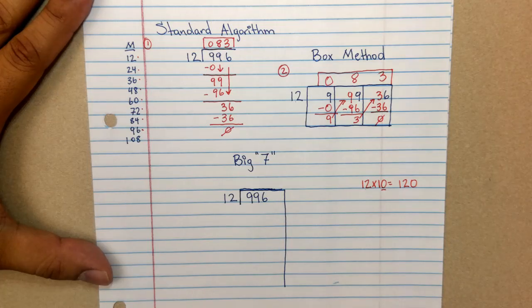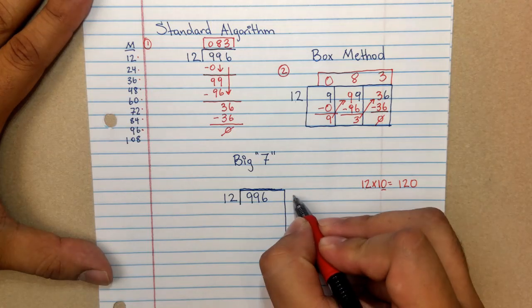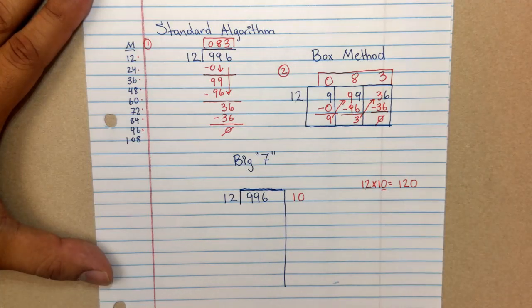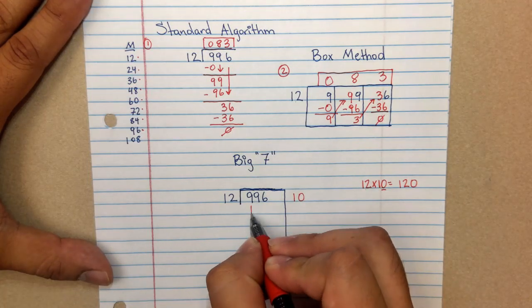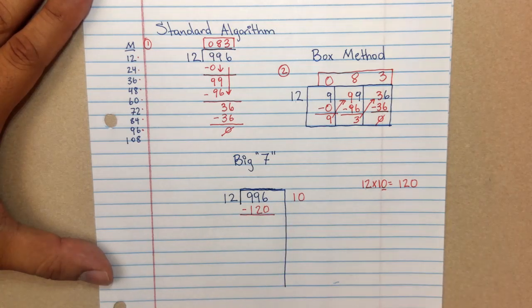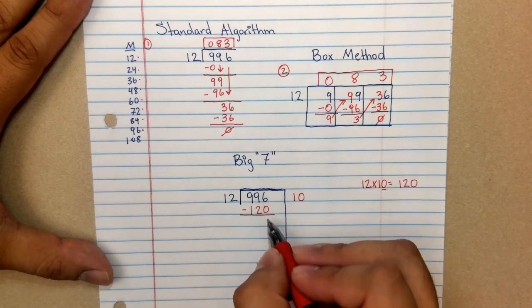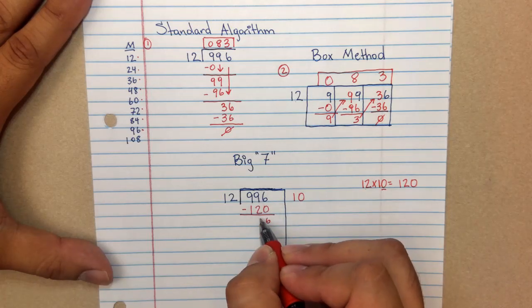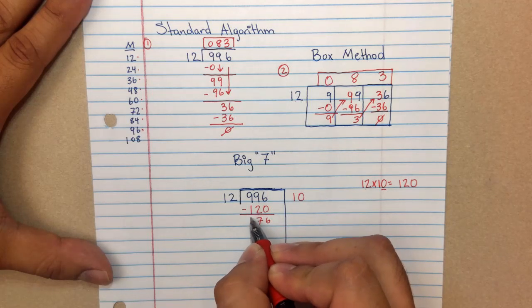So I can take a big bite by using 10, and that gives me 120. So I can take a piece of the whole, right? So now I'm going to subtract it. I have 6, subtract, we have 7, and I have 8.